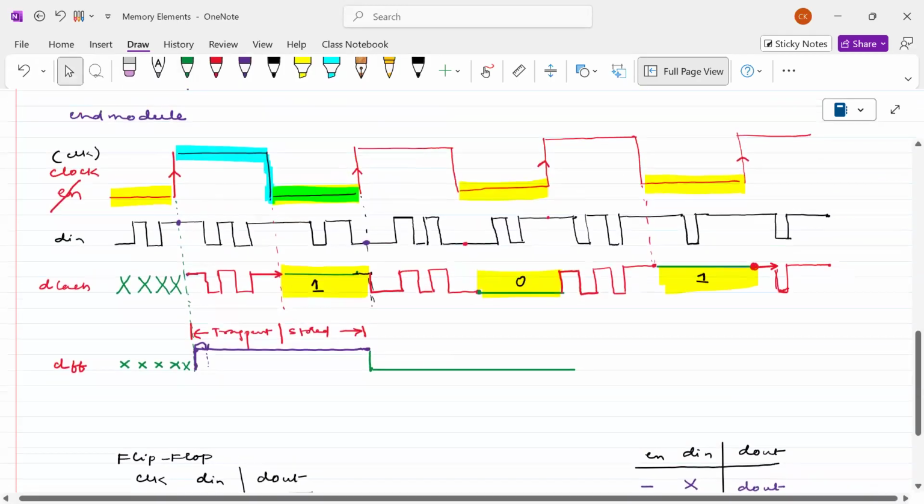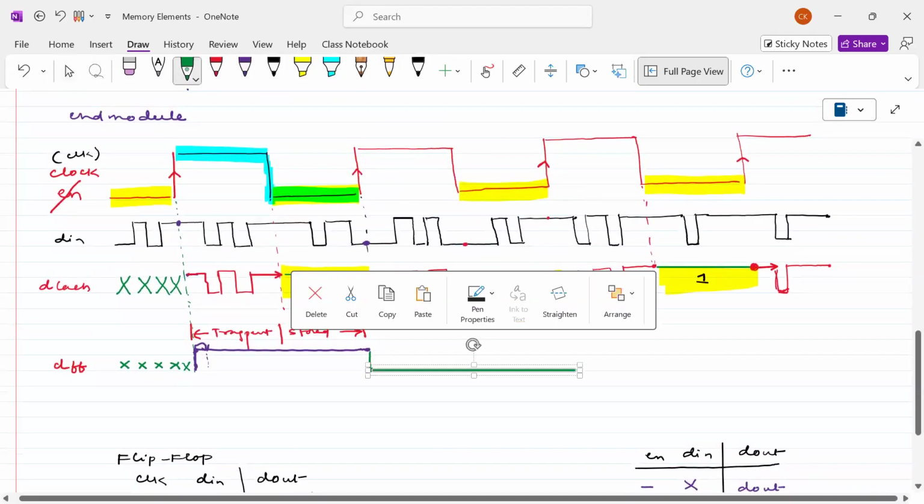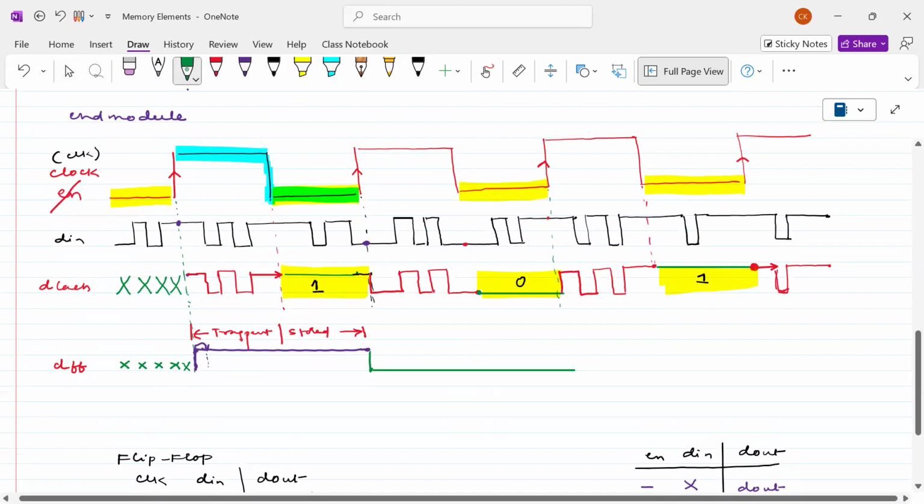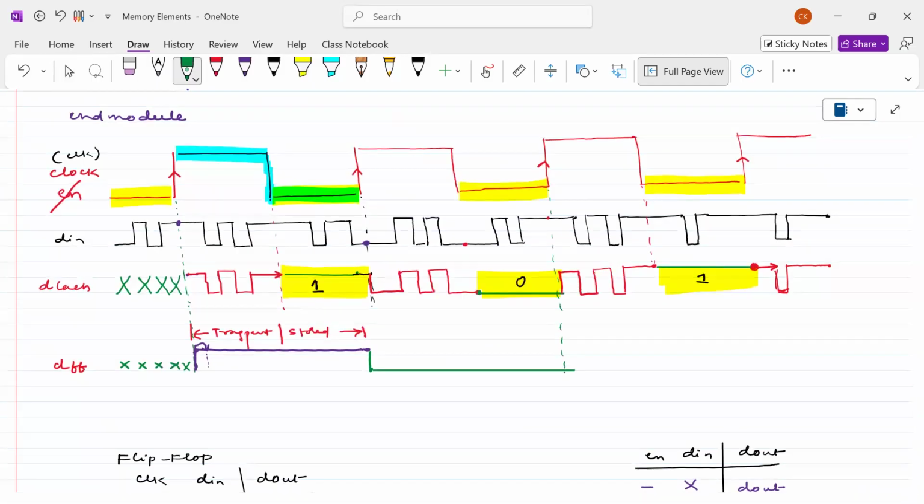Now at this positive edge, what will happen? What is the input here? 1. Therefore, it will continue to 1. So this is assigned to 1, and that 1 continues to the next clock.